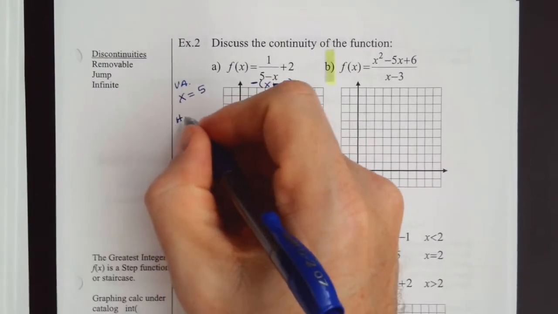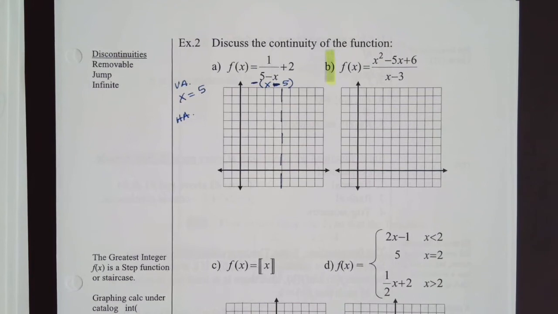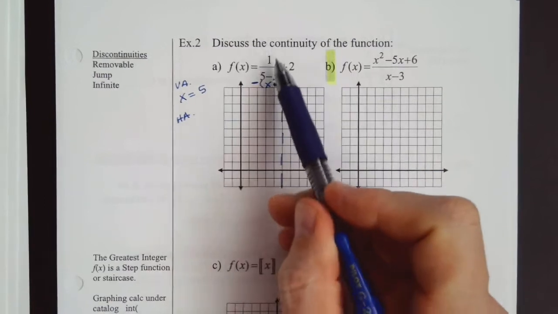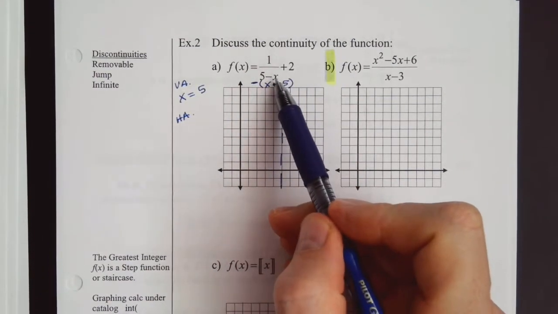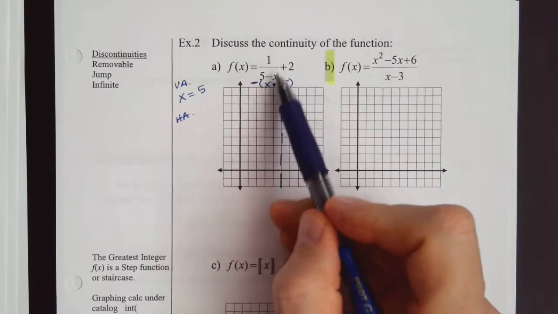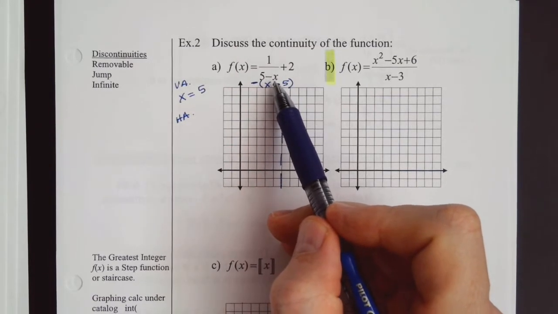Horizontal asymptote. So horizontal asymptotes we can tell by thinking about what happens as x approaches positive infinity and negative infinity. We could also use the degree rule for this part. So we could say the degree of the denominator is more than the degree of the numerator, so this is going to approach 0. Now if you want to think about that numerically, put in infinity, put in a million, put in a billion.